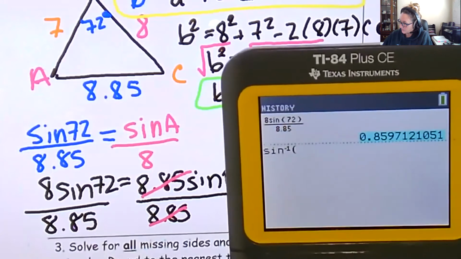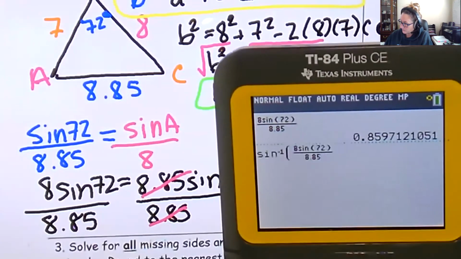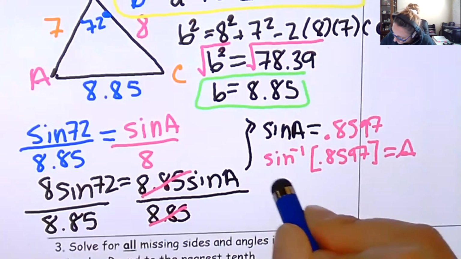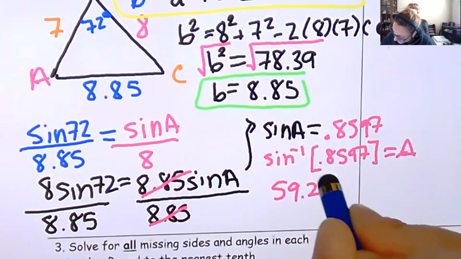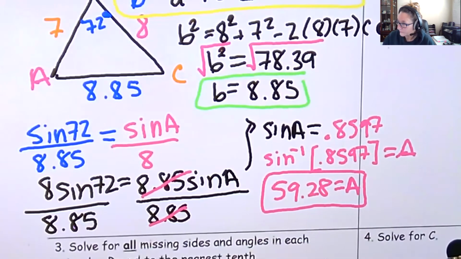And I'm actually just going to steal it from up here. Okay. And I get a 59.28. So 59.28 is equal to A.